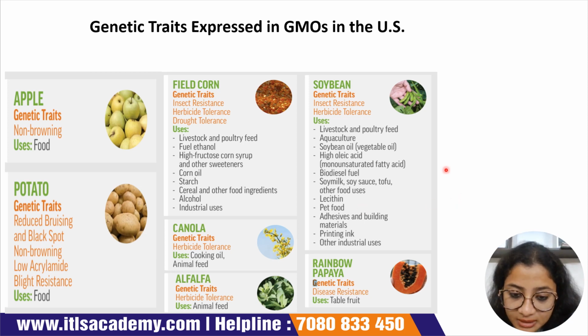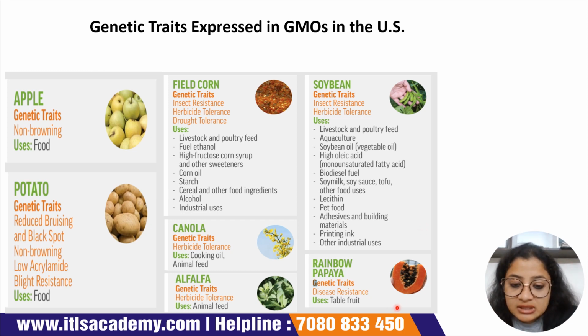Biodiesel fuel can be produced. Soy milk, soy sauce, tofu, and different other food uses can be there. Lecithin can be produced. It can also be used as pet food. Adhesives and building materials can be produced from soybean. Printing ink and other industrial uses.